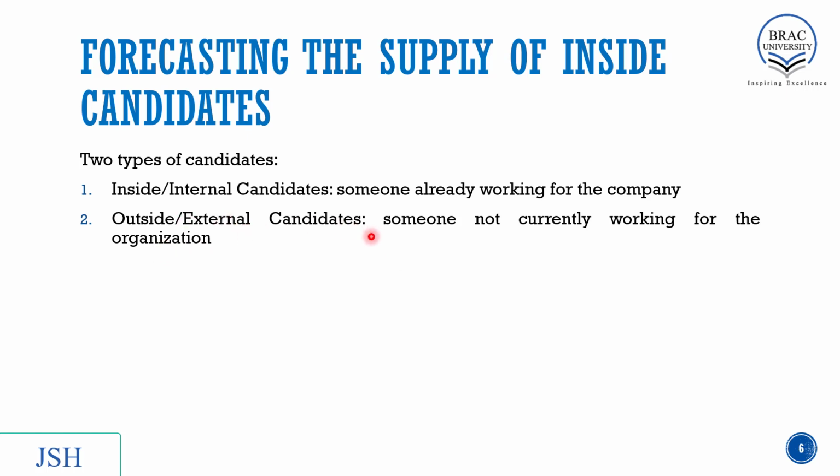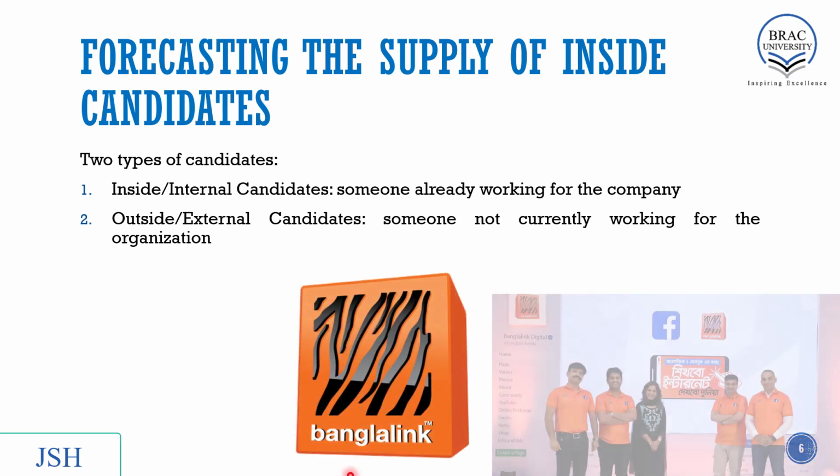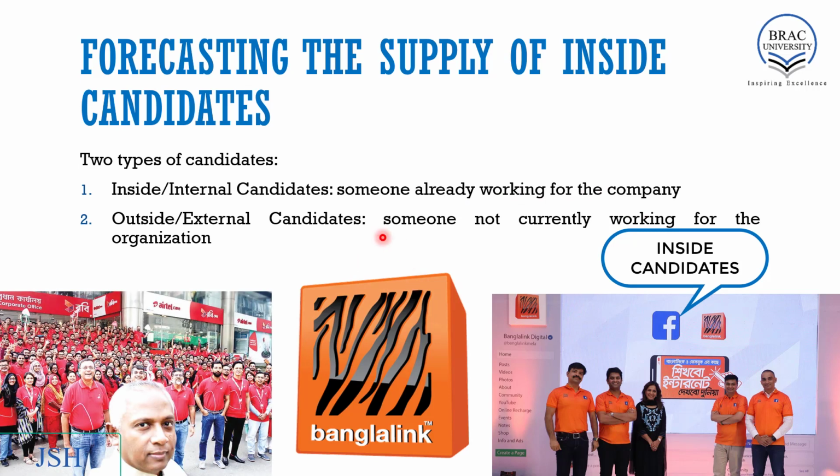Let me give you an example first. For the time being, let's consider the company Banglalink. Now on the right hand side, these are some of the existing employees of Banglalink. So they are currently working for Banglalink. So they are inside candidates of Banglalink, right? Now on the left hand side, we have a photo of the employees of Robi.